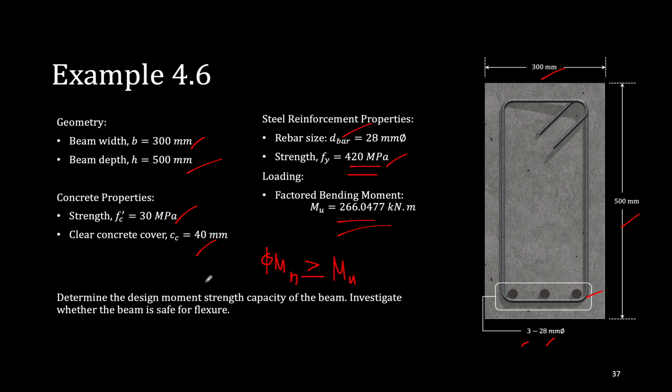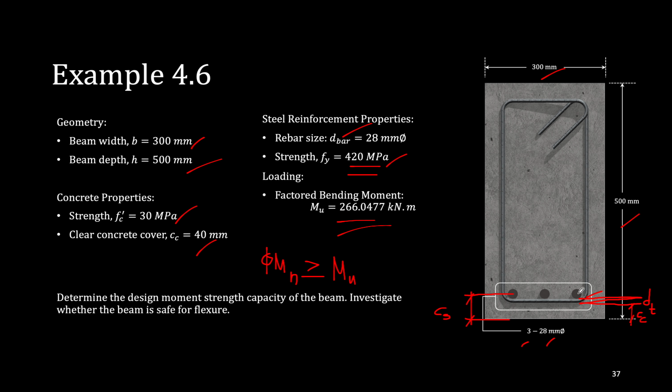So the steel covering is taken from the edge ng ating beam papunta dito sa centroid ng ating steel reinforcement. So to calculate this, first, we have to add our clear concrete cover, C sub C. Then i-add natin dito sa diameter ng ating stirrups.